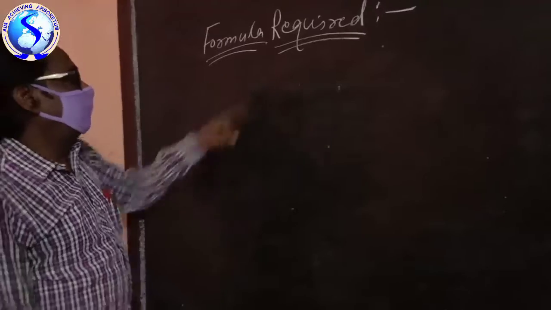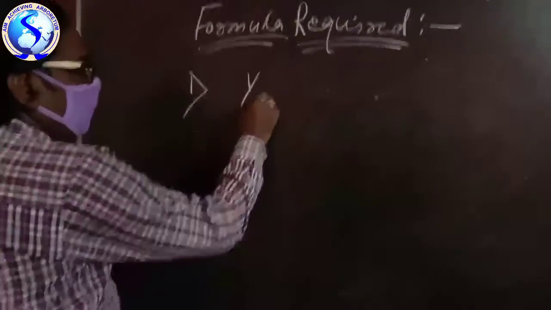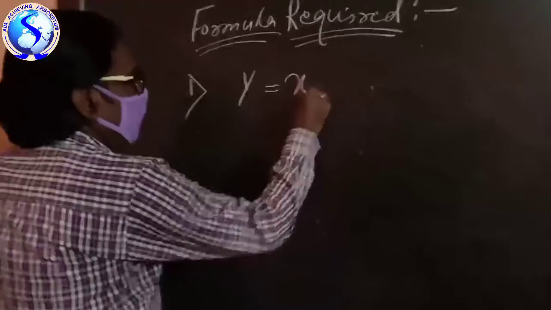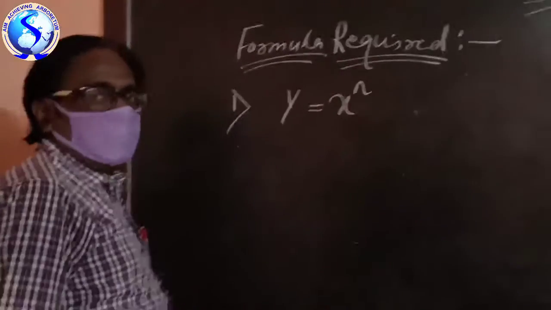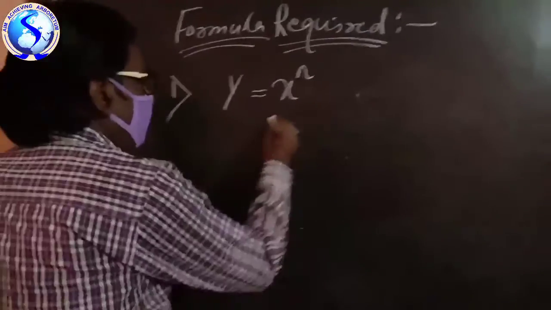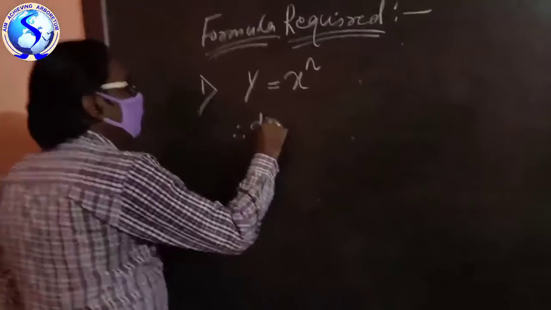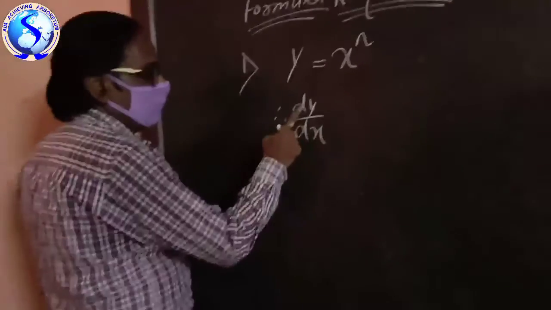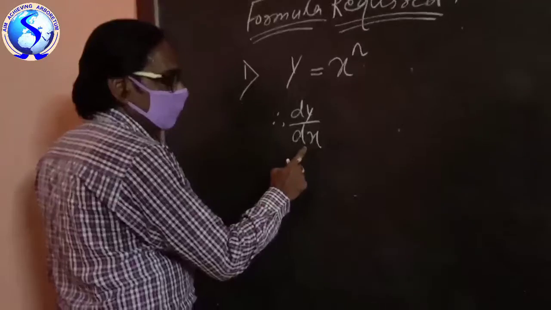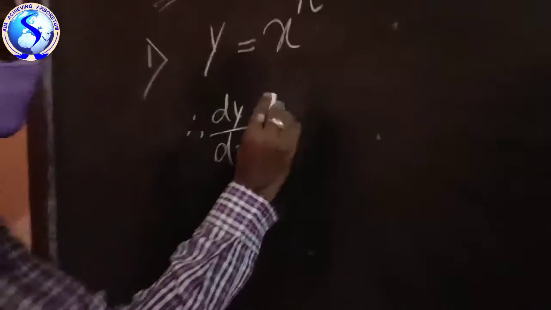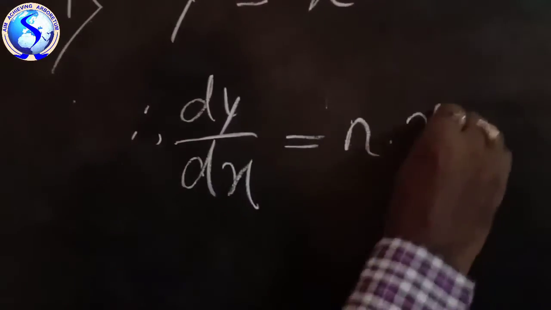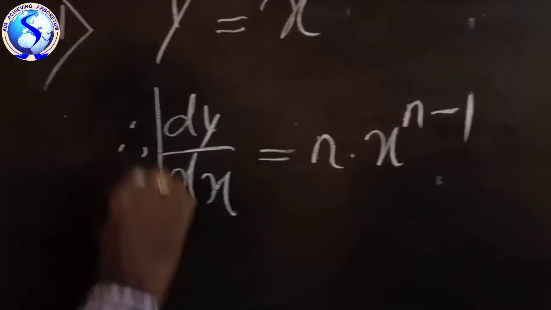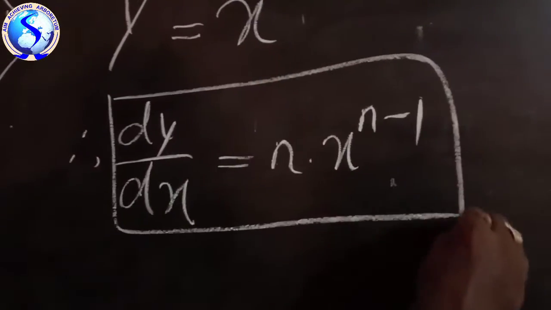Formula number 1: suppose y is equal to x to the power n, n is any number. Then the derivative of y with respect to x, dy by dx, will be n into x to the power n minus 1. This is the first formula.